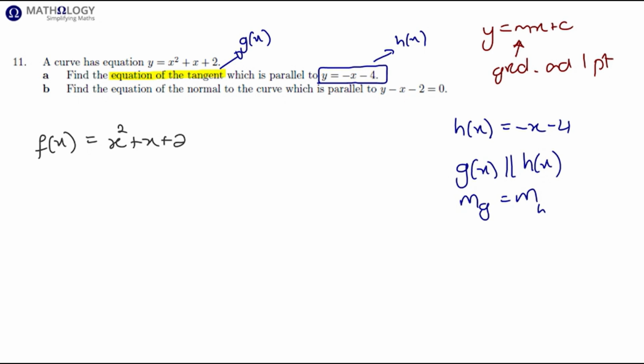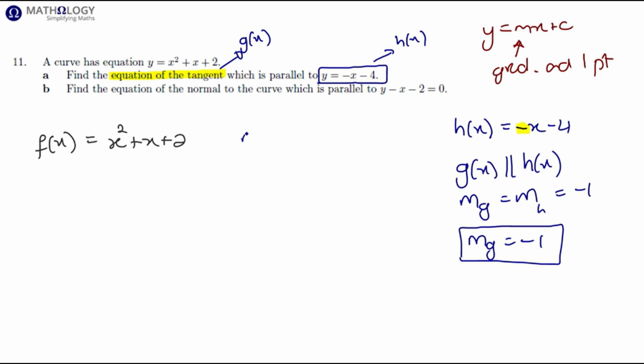Parallel lines have equal gradients. The gradient of h is -1 from the equation of h of x, so the gradient of g is also -1. So straight away we have the gradient of g of x, which is the tangent.